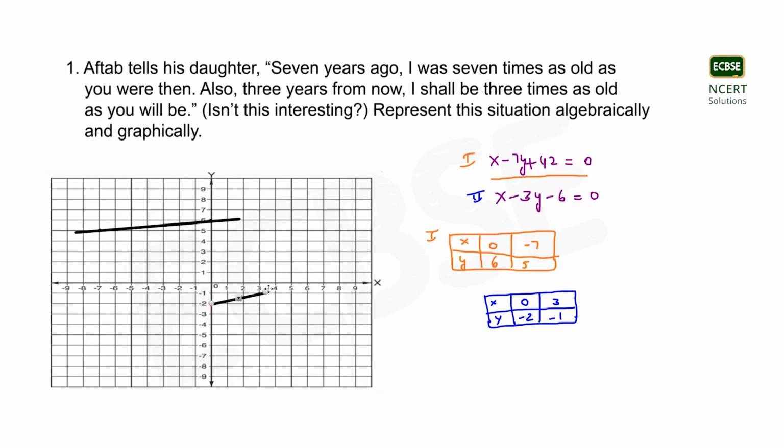That is, we will draw a line which will be passing through the points marked in the table. So this line will represent the second equation. This is the representation of the second equation and this is the representation of the first equation. And we have achieved the representation of the situations given in the question graphically.